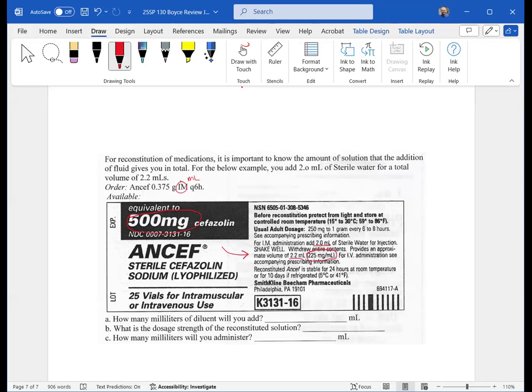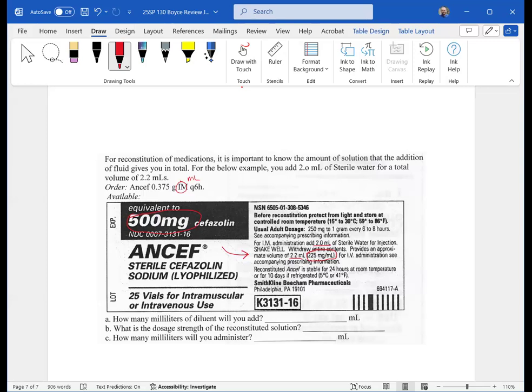I've looked at several examples of reconstitution labels, and you might want to do the same. You can do an online search for different types of reconstitution labels. I haven't come across one that didn't give you the concentration. However, if there's a time where it doesn't, you would take your 500 milligrams, divide by the 2.2 milliliters, and that should give you that 225 milligrams per milliliter.